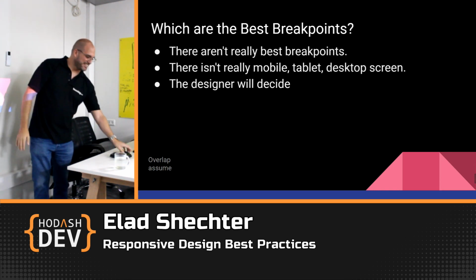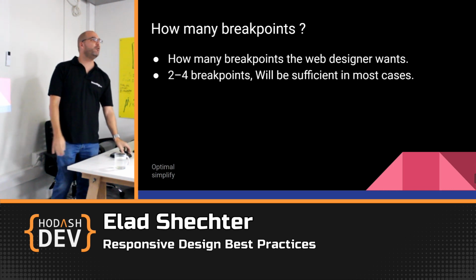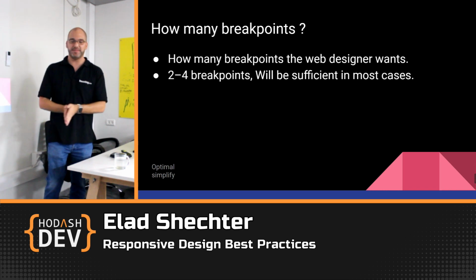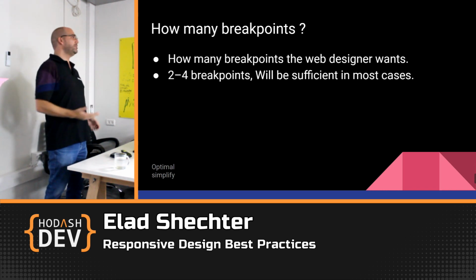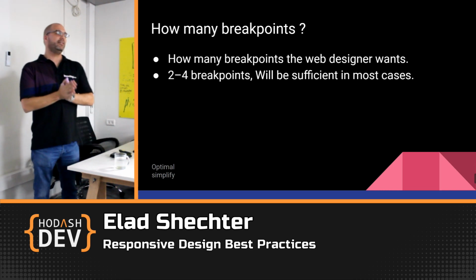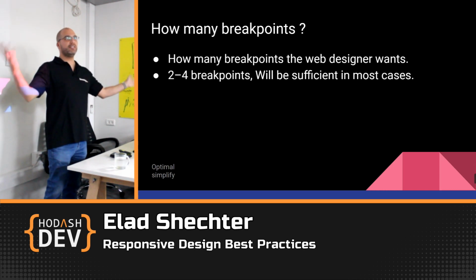Okay. The second question, that is very similar, is how many breakpoints I need to use in a responsive website. I don't decide it, because the one deciding it is the web designer. And sometimes you will get only 2 design sketches, for example, only mobile and only desktop.